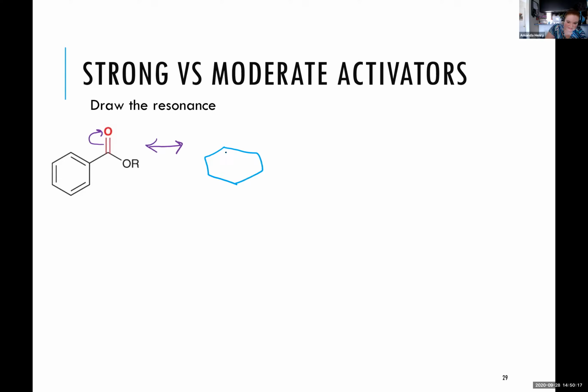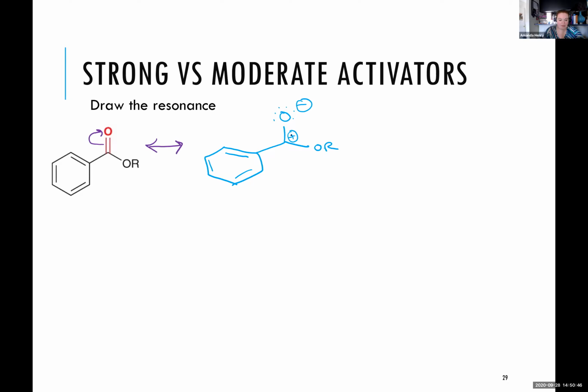The benzene ring is going to look exactly the same because nothing has happened to it yet. So the only thing that's different is that carbon-oxygen pi bond is now a lone pair on that oxygen, and we have a carbocation next to the ring.